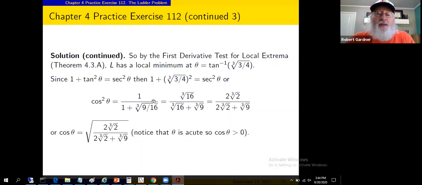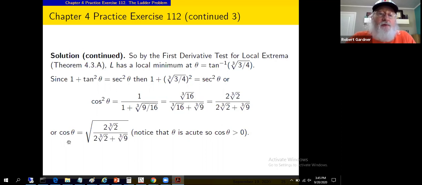We can multiply by the cube root of 16 over itself to eliminate the compound fraction. Cube root of 16, let's see, 16 is 8 times 2, and the cube root of 8 is 2. You can bring some 2's out front of this if you want to simplify it a little bit. I don't mind really leaving it like that.